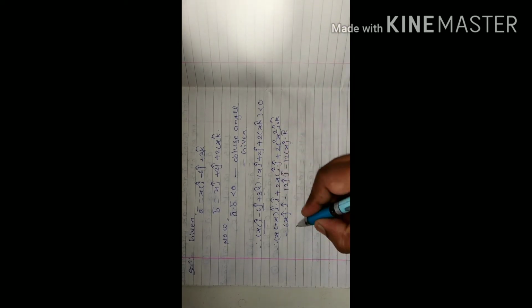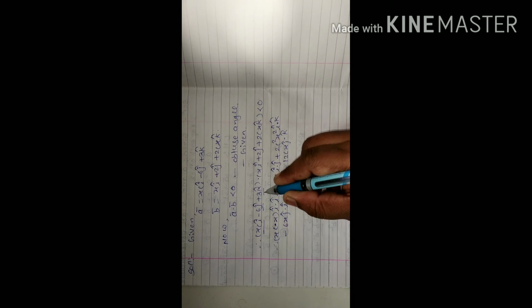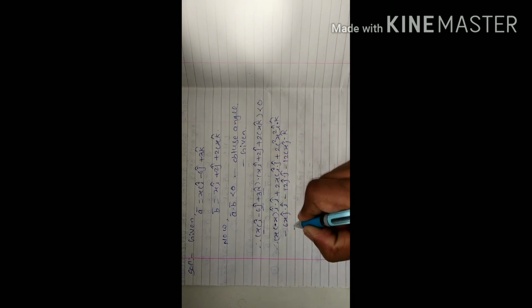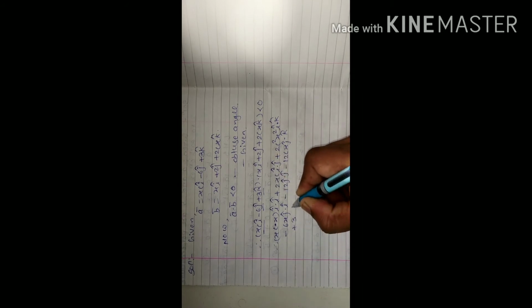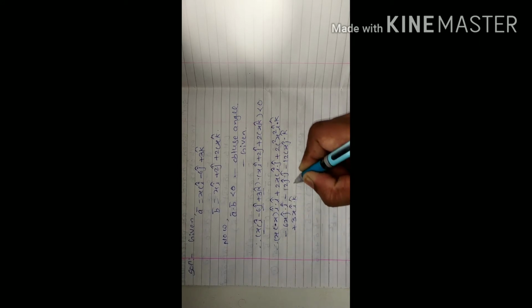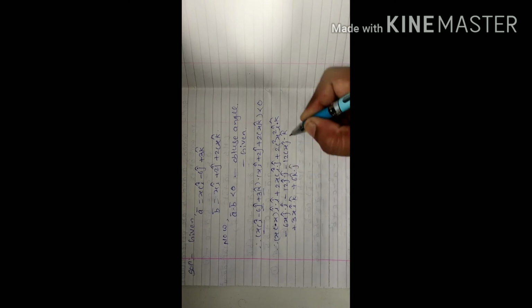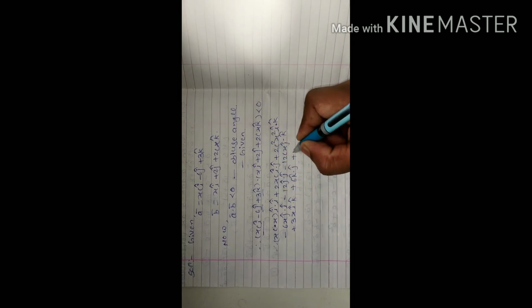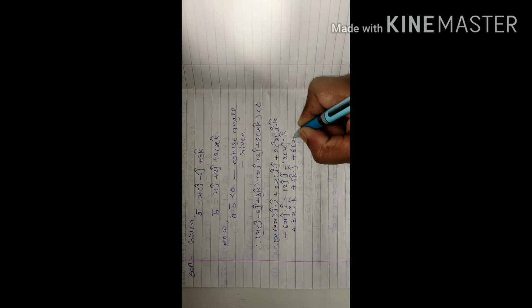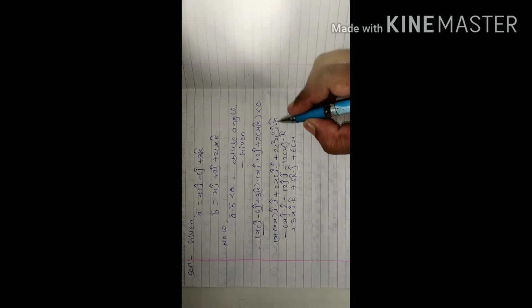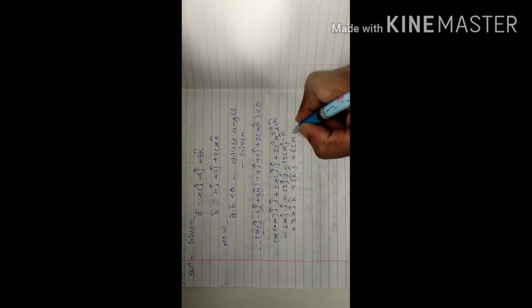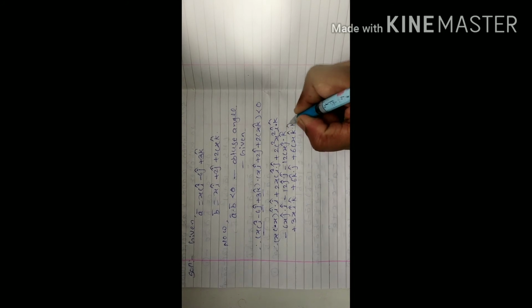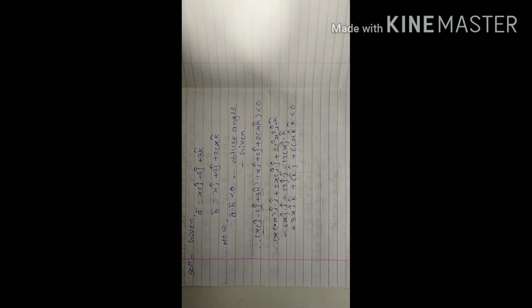And the last term we multiply, then we get 3k into x i, that is plus 3x i cap dot k cap, plus 3 into 2, 6, k cap dot j cap, plus 3 into 2cx, 6cx k cap dot k cap, that is less than 0.